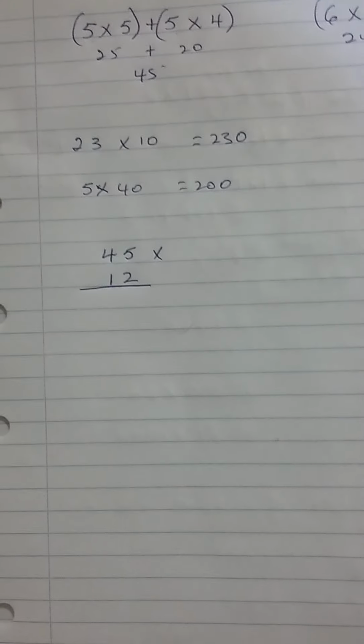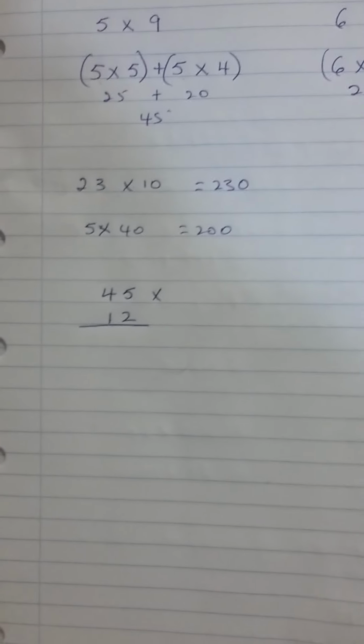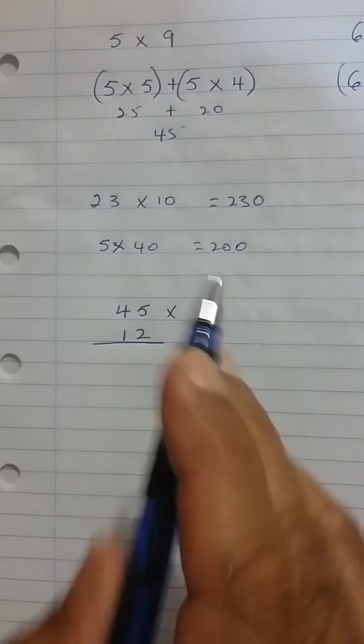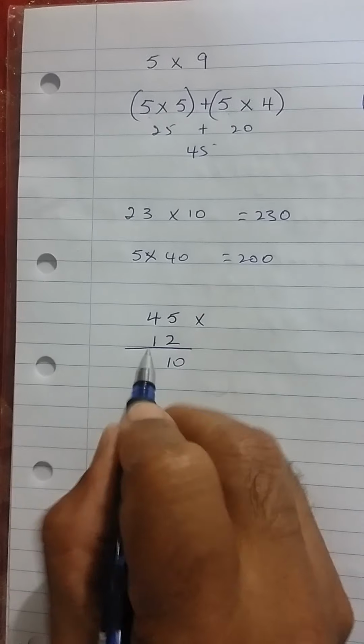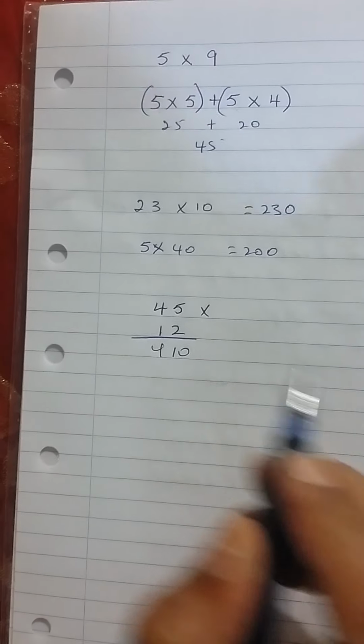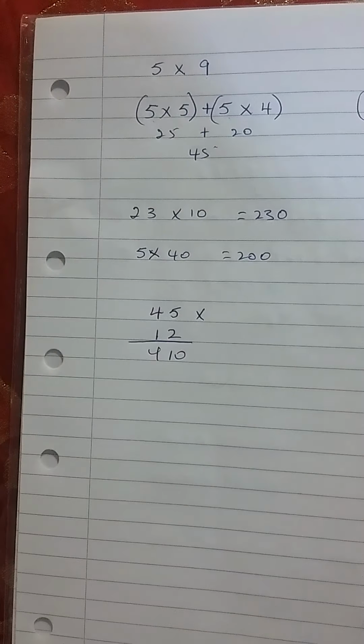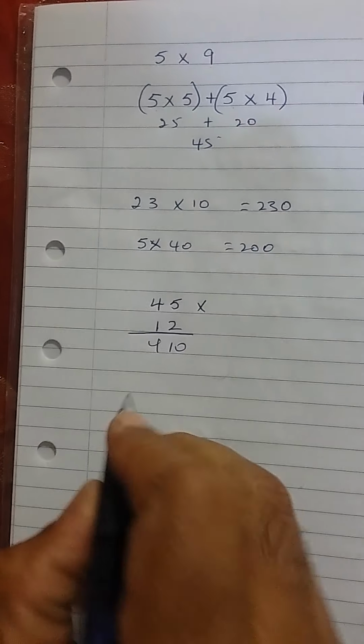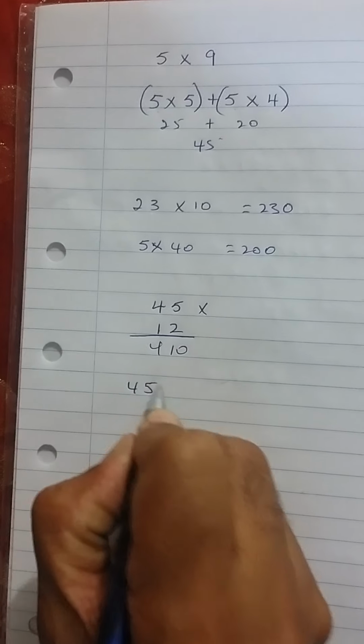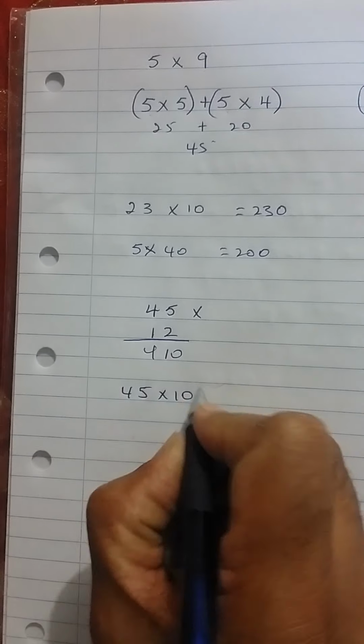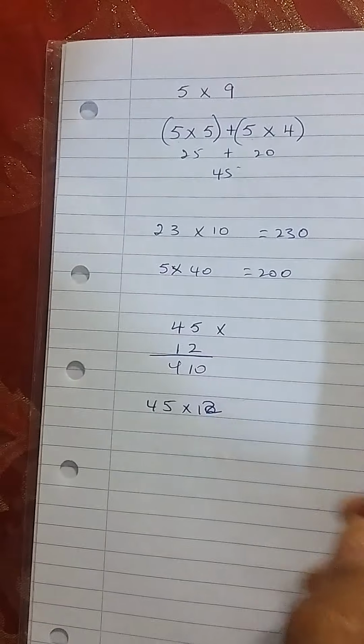Now I'll tell you what some children do, and it's not correct. They say 5 times 2 is 10, and 4 times 1 is 4. And that is absolutely wrong. We are not multiplying 45 times 10, but times 12.